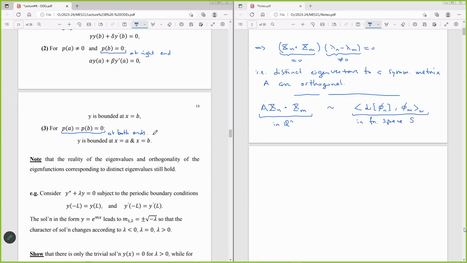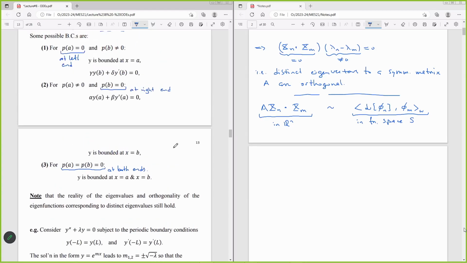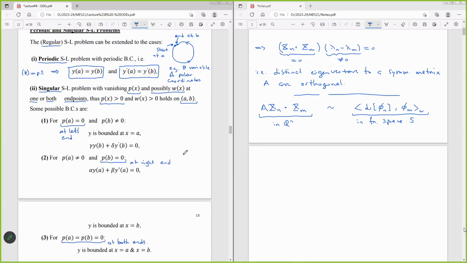Now, what is the difference between these? You remember the regular boundary conditions? When P does not vanish, you have the regular boundary condition. But when it vanishes, wherever it vanishes, you only take the boundedness condition. So you replace the boundary conditions.